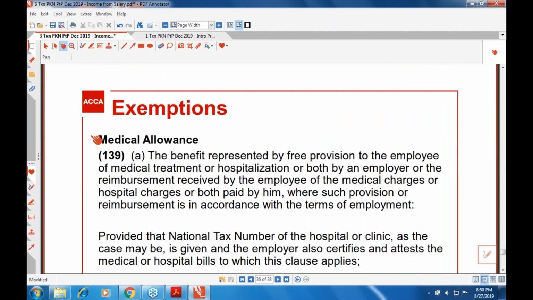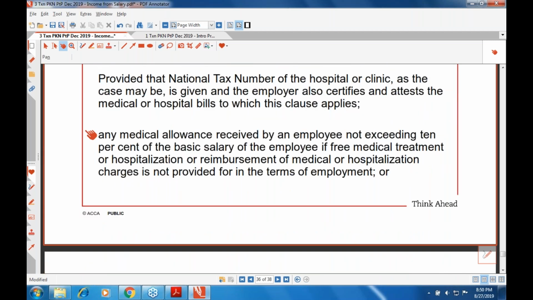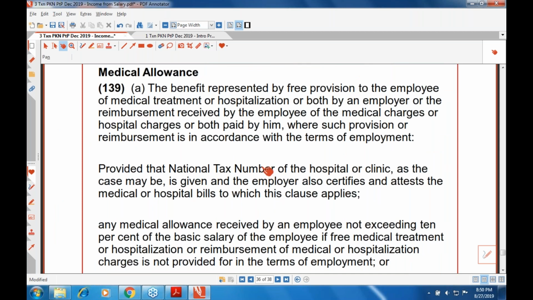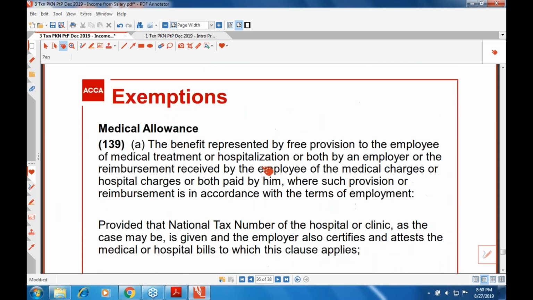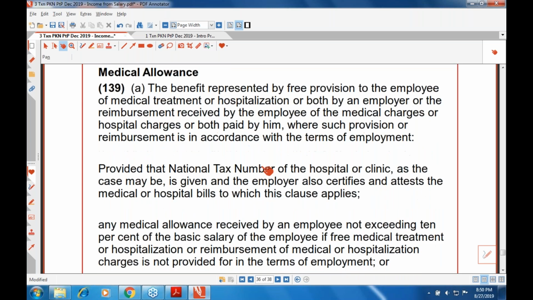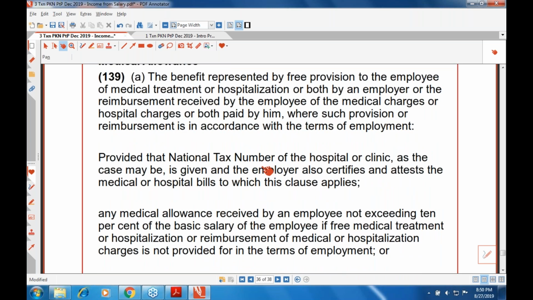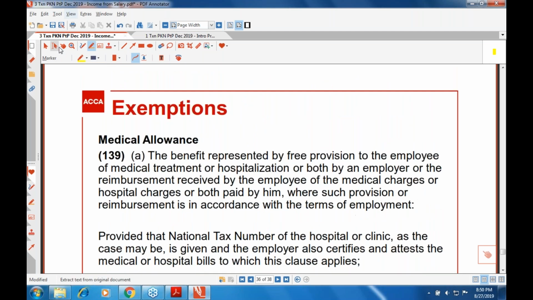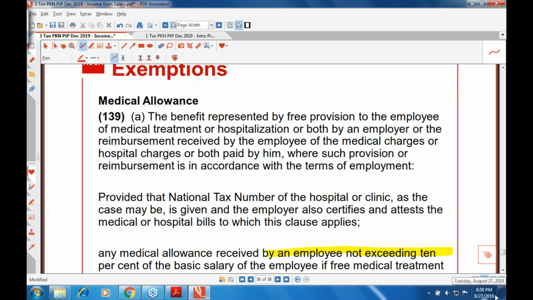The other exemption is with respect to the medical allowance. I'm going to discuss what exactly the exemption of the medical allowance is. Basically, the medical support or medical facilities given by the employer to the employee are usually in two manners.